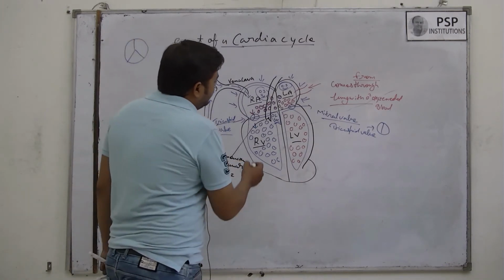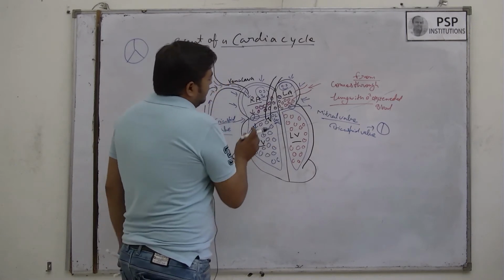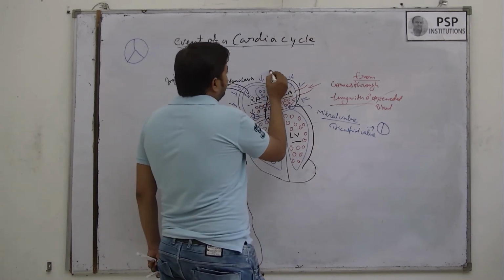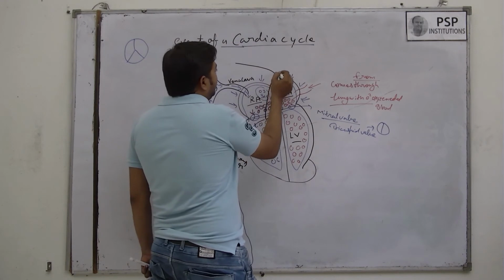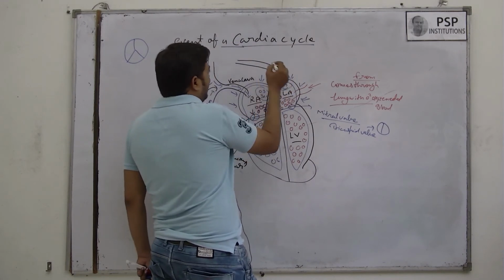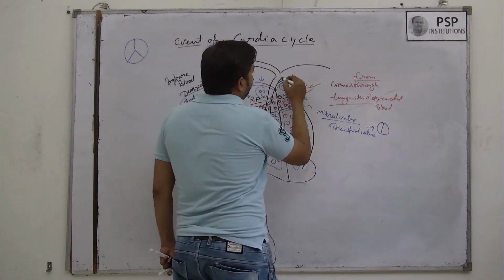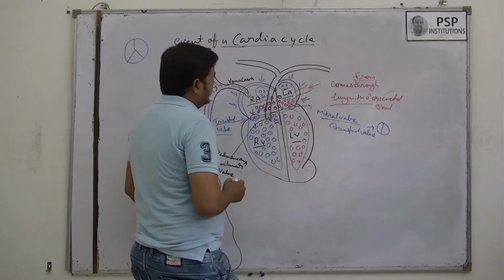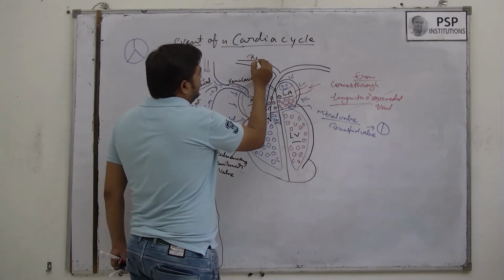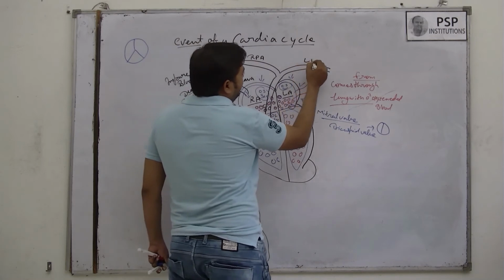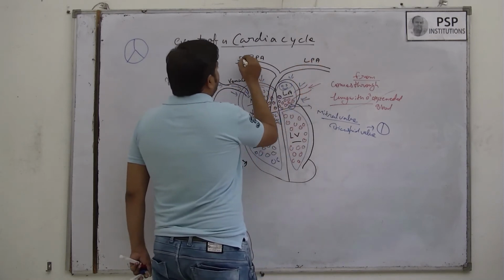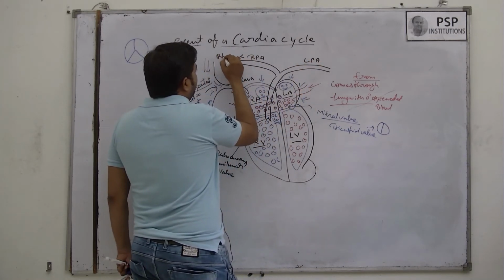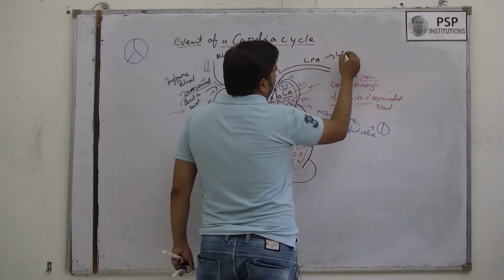So through this valve, that blood goes to the right pulmonary artery and left pulmonary artery. That is the right pulmonary artery, that is the left pulmonary artery. It goes to the right lung, it goes to the left lung.